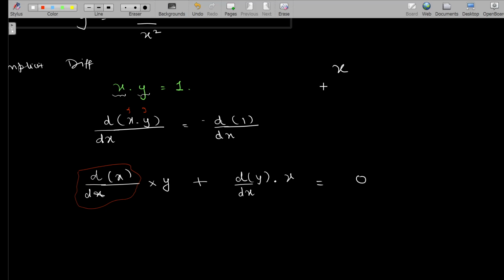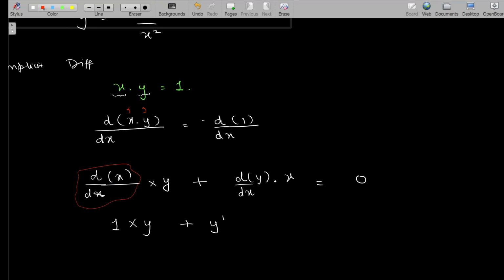Derivative of x is 1. Yes, 1. So this is 1 times y, and the derivative of y with respect to x is just dy over dx, or if you want you can write it as y prime.